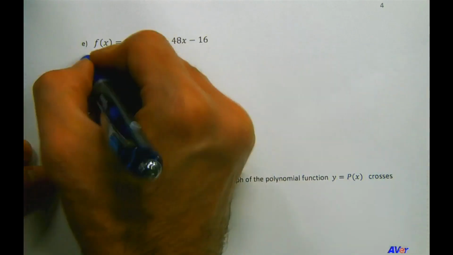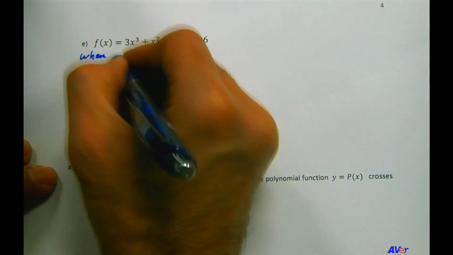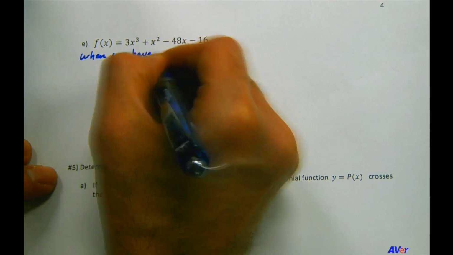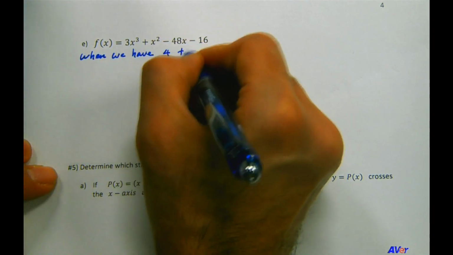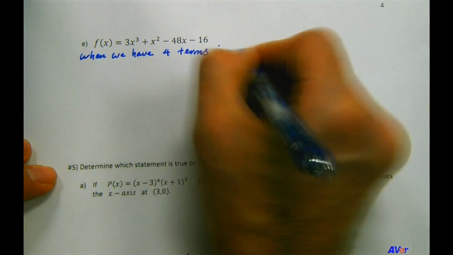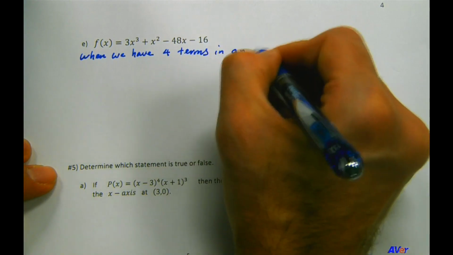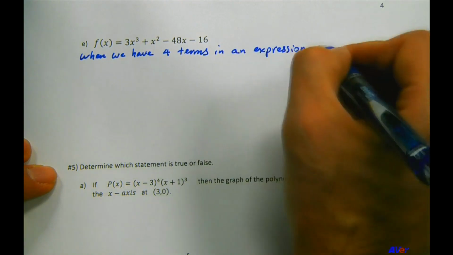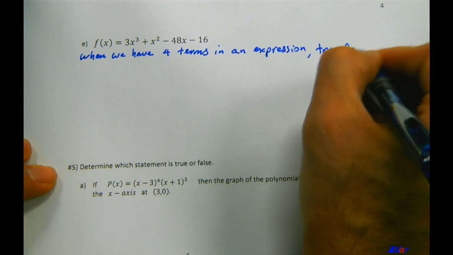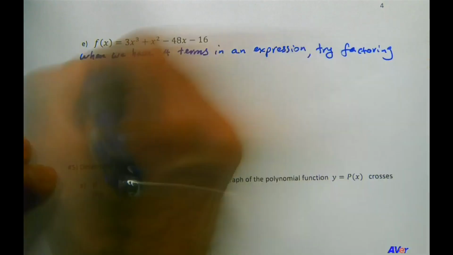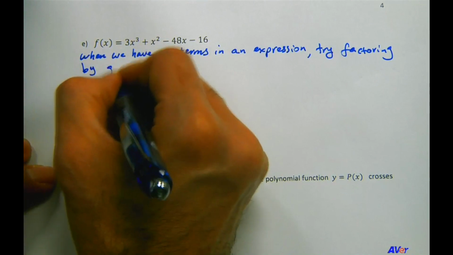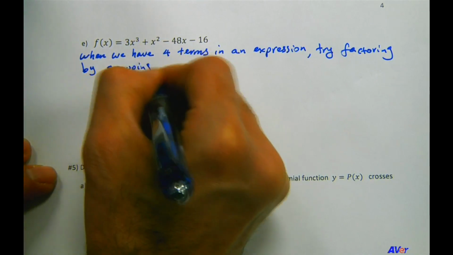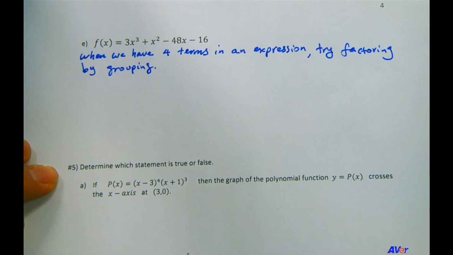When we have 4 terms in an expression, in this case the expression is a polynomial, try factoring by grouping. Remember that? We learned about this method not too long ago, in one of the previous video lessons.